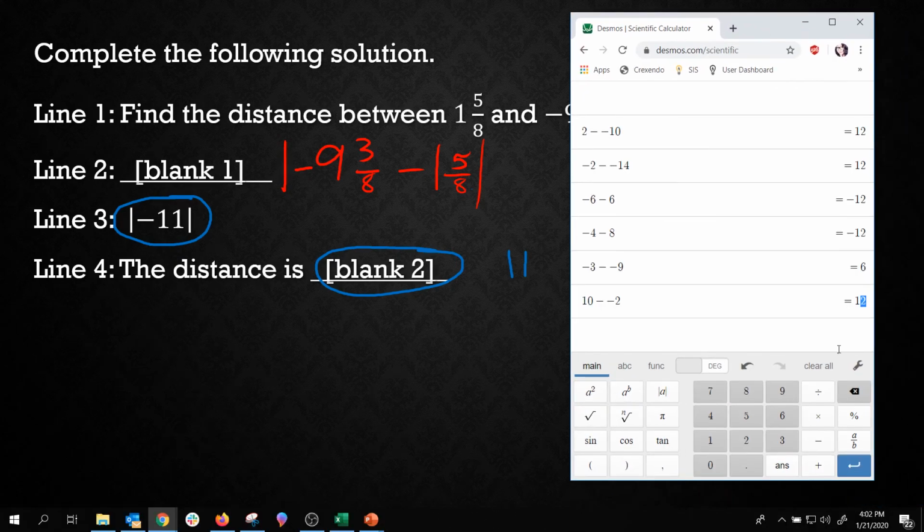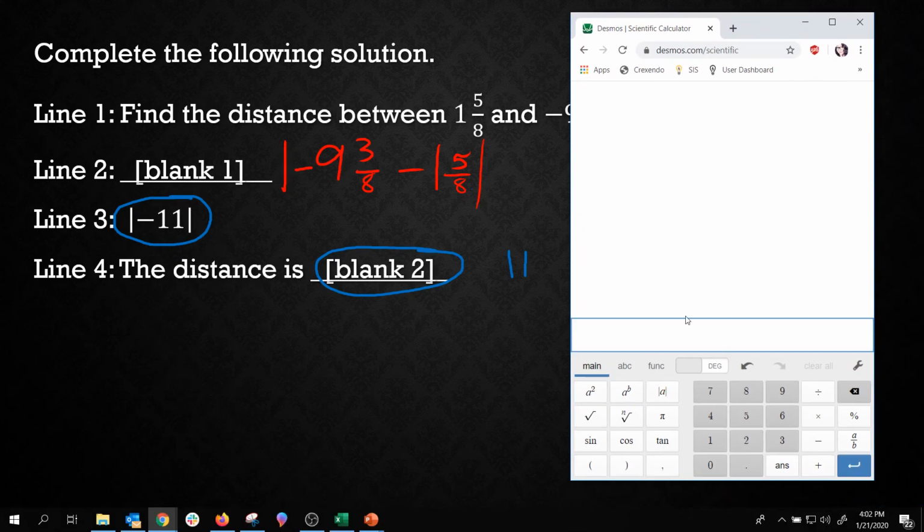If you really want to, you can type this in. I hit the absolute value sign, do negative 9, a space, and then 3 over 8 for that mixed number. And I'm subtracting 1, a space, 5 over 8, and it tells me the distance between the 2 points is 11. So you can type this in, but you don't have to because of this part right here.